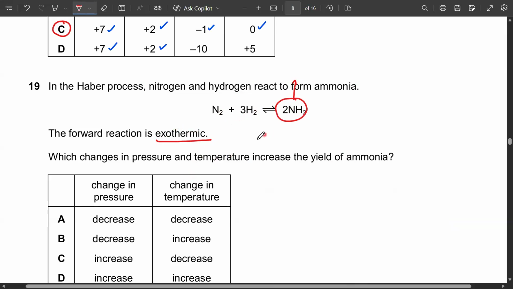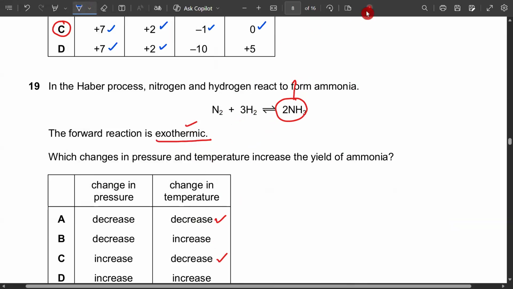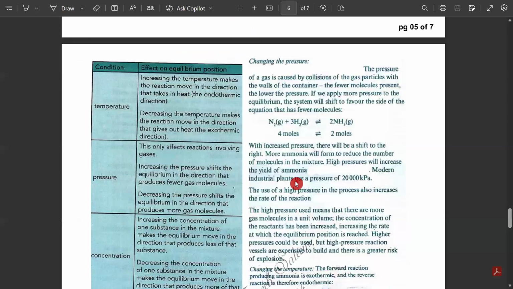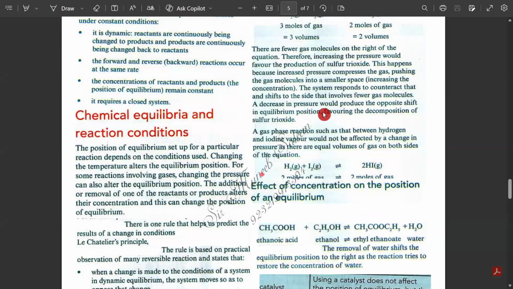So what we need to do, we must have a decrease in the temperature. To increase the ammonia, it should be a decrease in temperature because the reaction is exothermic. So we decrease the temperature, and then the effect of the pressure. The effect of the pressure was to do with the number of the moles.